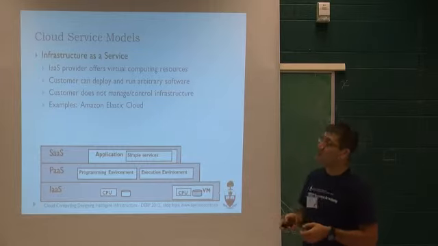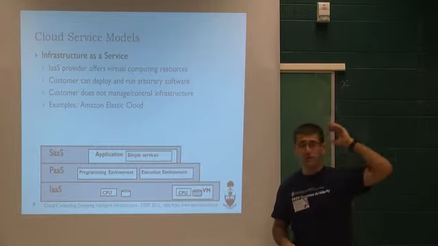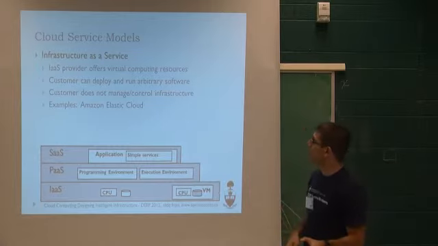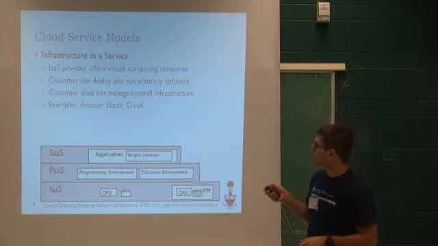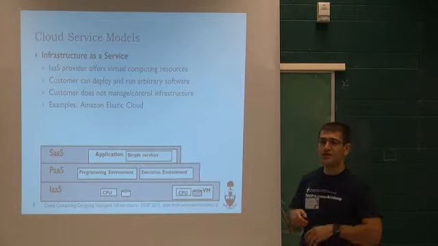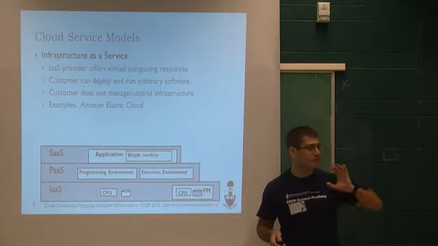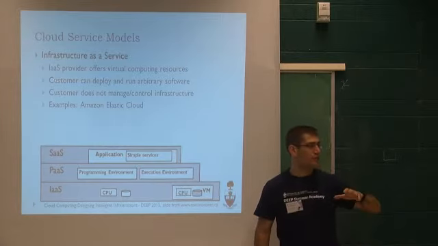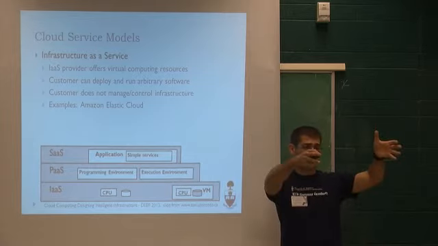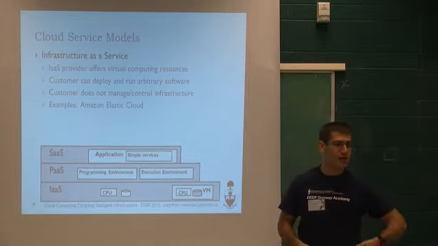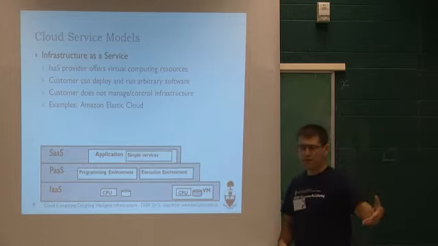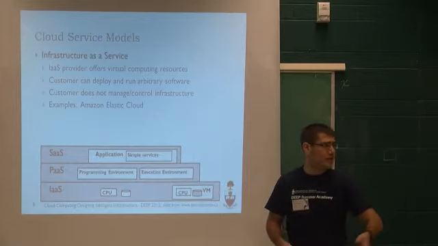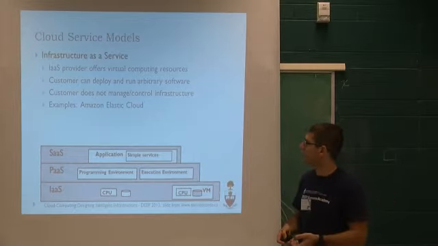And finally, you have infrastructure as a service. Here, you go down to the lowest level. So the customer can deploy and run arbitrary software. You manage the infrastructure. You have everything from like the core, and that's guaranteed for you. So you're at the level of basically the storage and processing, and you can put whatever operating system you want on it.